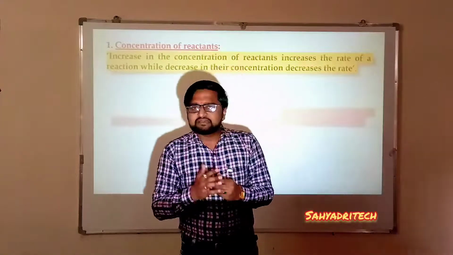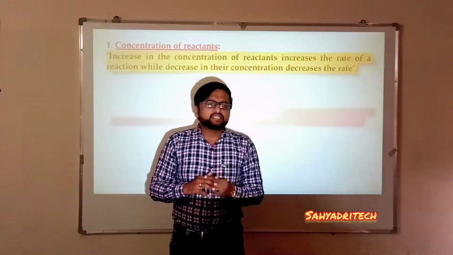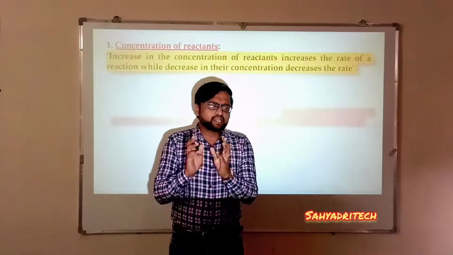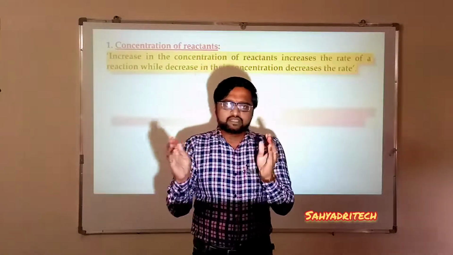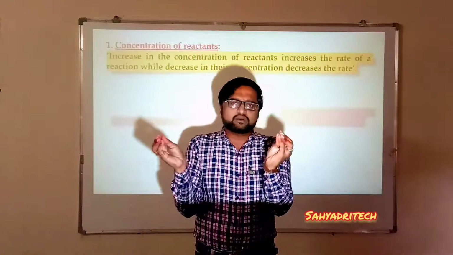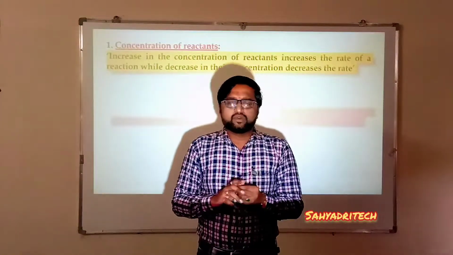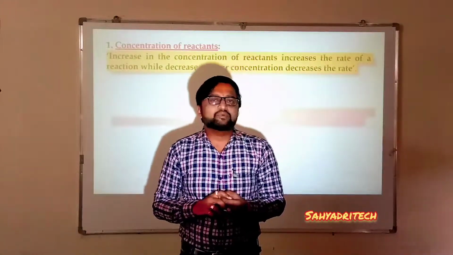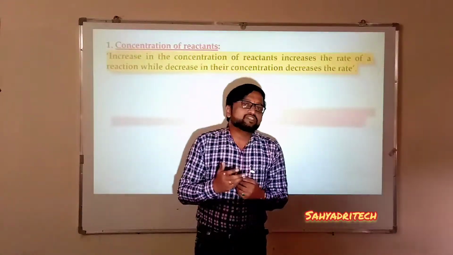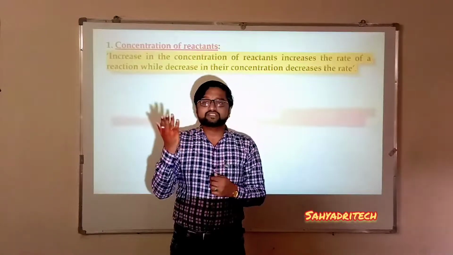Say if there are fewer numbers, say there are only 10 reactant molecules, there will be a certain number of collisions. There is a possibility of collision among the reactant molecules. At the same time, if I consider 100 reactant molecules, what happens? The possibility of collision among the reactant molecules increases.